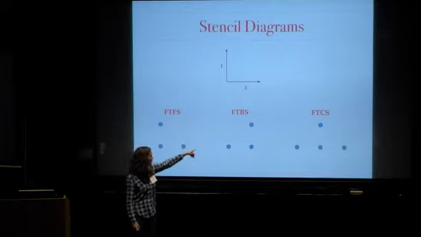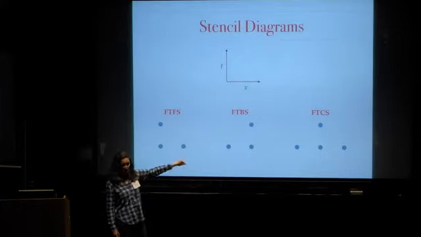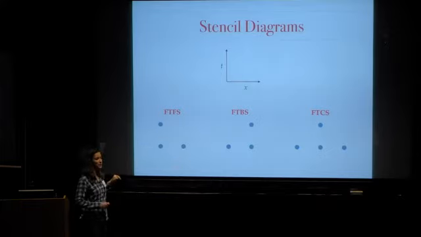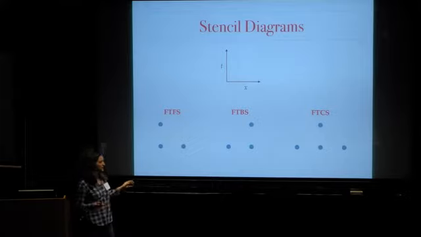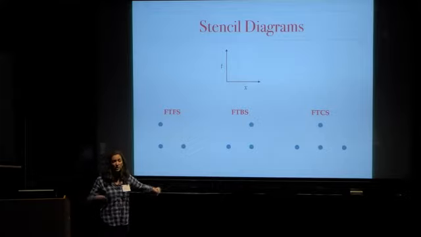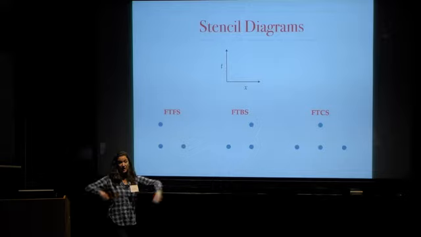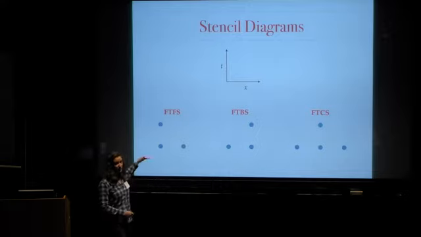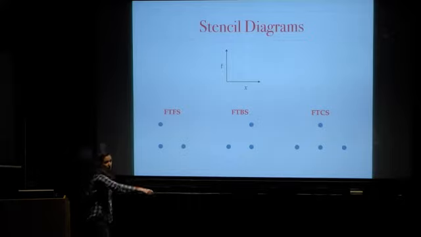This is forward time, backward space, forward time, centered space. One of the reasons these stencil diagrams are useful is that for these spatial approximations, you could go out to many surrounding points to get progressively higher order approximations for these derivatives, and that gets progressively computationally more expensive because you need to keep more data.